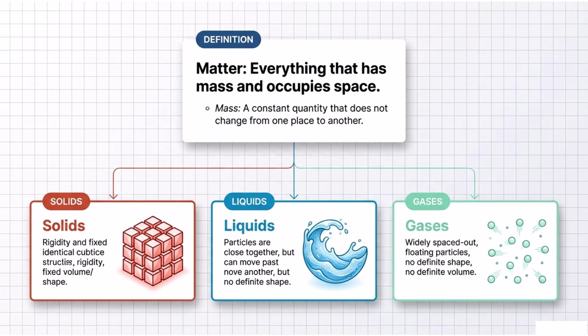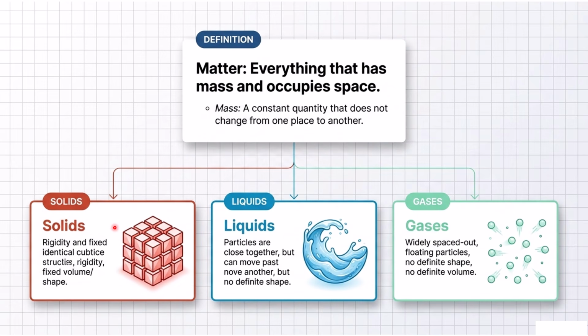And you studied before that the mass is constant, or doesn't change from place to another. And how many states of matter? It's three: solids, liquids, gases.